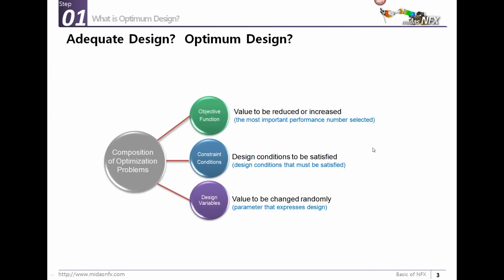Okay, so to begin, I'd like to define what an optimization problem is, because it's very important to understand what will follow. An optimization problem is composed of three things: an objective function, which is the value you want to reduce or increase in the model, the function that has to be optimized by the software.